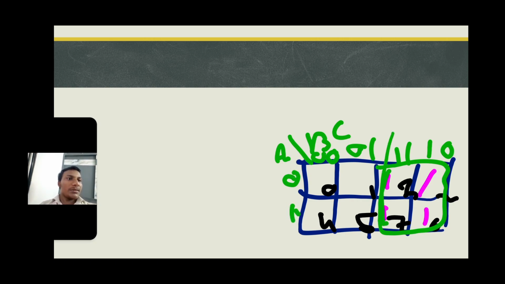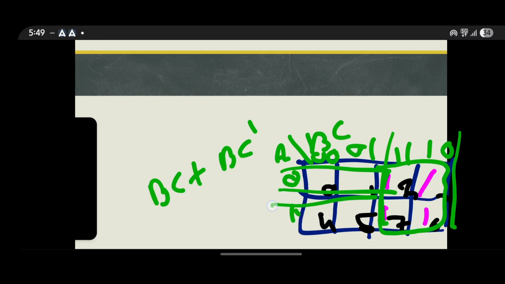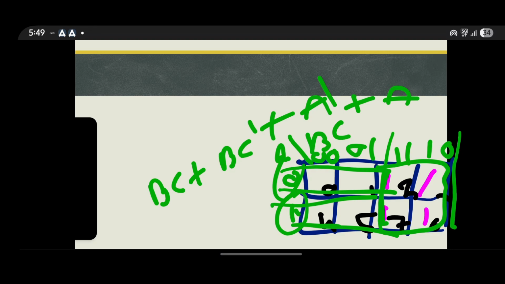Yes, we can say 1, 1, 1. So now we have B, C, and B plus B dash, and A plus A. So like this we can do a K-map.